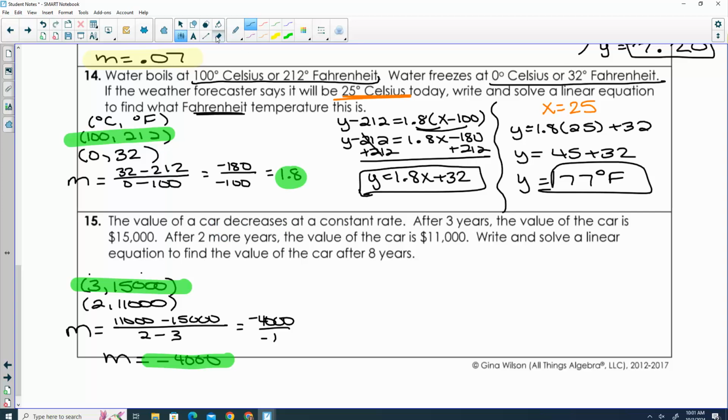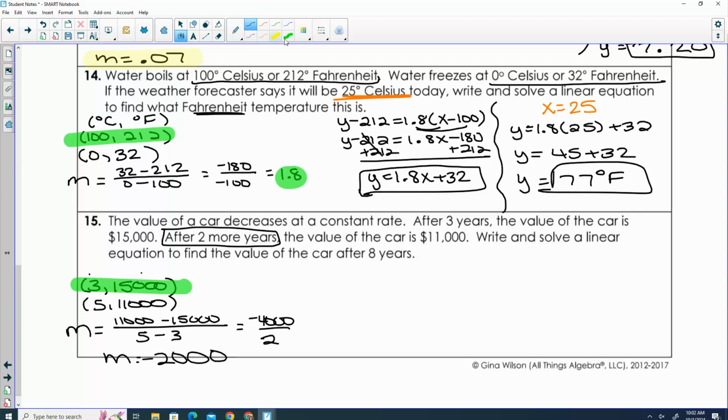Yeah, okay, we have a problem here. It said after 2 more years, so not at 2 years. So if we had been 3 years and we had 2 more, this x should be a 5. Okay, let's fix that. We knew it had to turn out to be negative. I just wasn't paying close attention. So 5 minus 3 is a positive 2, and negative 4,000 divided by a positive 2 is negative 2,000.